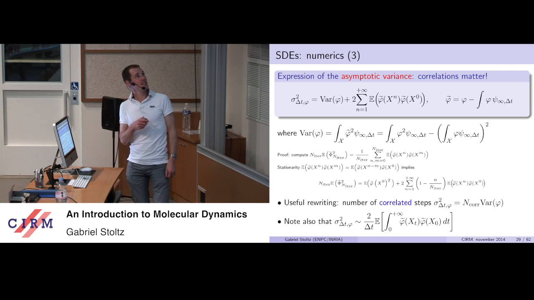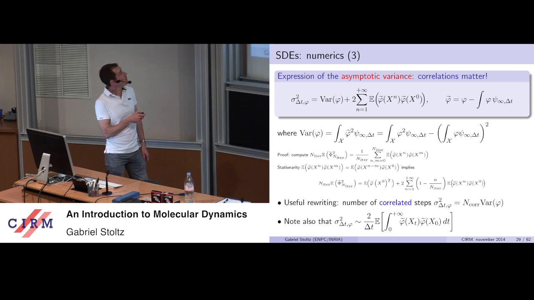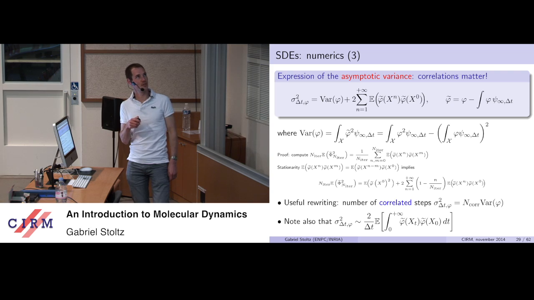So this means estimating this variance. This seems again like a daunting task because there are averages everywhere and it seems quite complicated. So the first thing is obtaining the expression of the variance, and you see that in very strong analogy to the continuous case, it's the sum of two things: the variance of points considered as being independent, which is a small contribution, and then an autocorrelation term, a sum of the expectation of a value at x_n times a value at x_0.